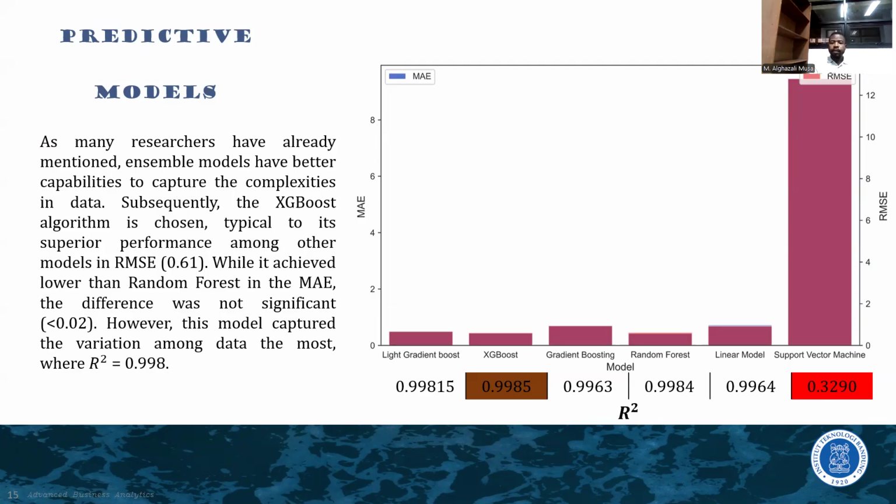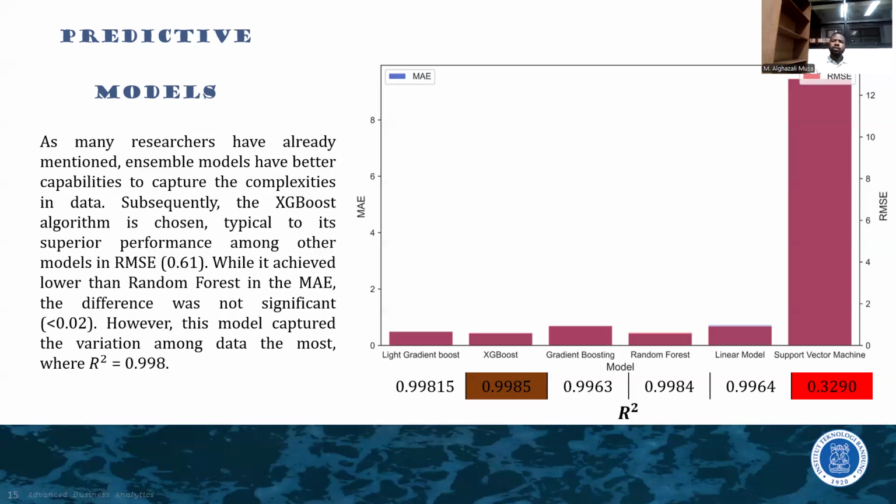So here the best model describing the data we gave is extreme gradient boosting, showing about 0.9985. But the metrics we are most concerned about are the mean absolute error and the root mean square error.